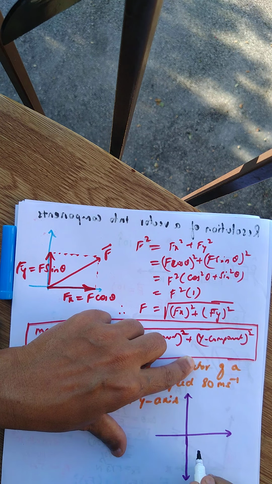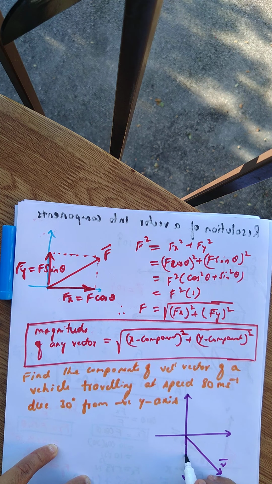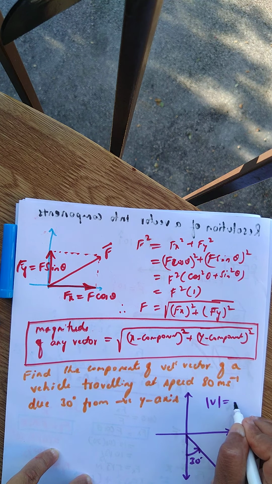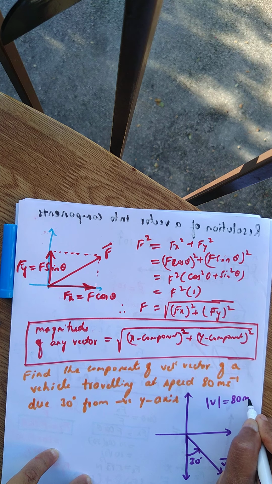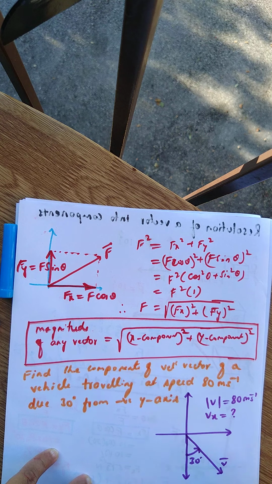This is the negative y-axis. So I have a velocity vector of the vehicle which is making 30 degree. Now we know the magnitude of velocity is given as 80 meter per second. What we need to find out: x component is equal to what? Y component is equal to what?